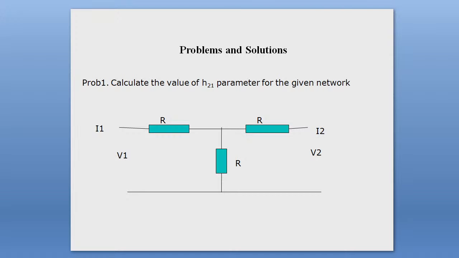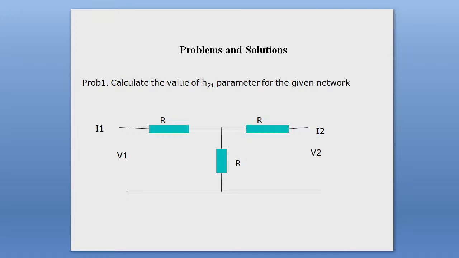How do you calculate the value of H21 parameter? First you need to know the expression of H21. You see the subscript is 2 1. That means, and you know this is a mixed parameter associated with both voltage and current, you can write I2 by I1 when V2 equals 0. Okay, let me write it first.